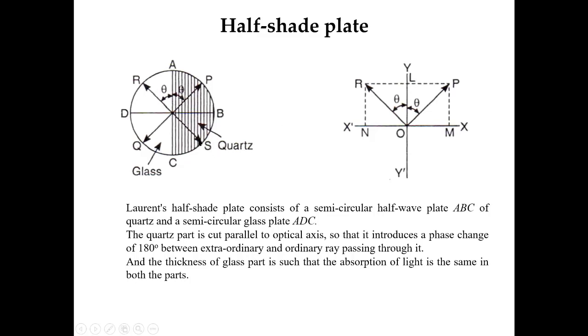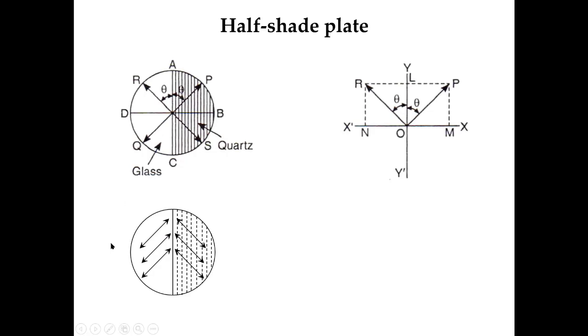So these are the vibrations which are emerging from the quartz, and these are the vibrations which are emerging from the glass plate. This is the situation when the light emerges from the half-shade plate. The angles of both the vibrations from the optic axis are the same, equal to theta.